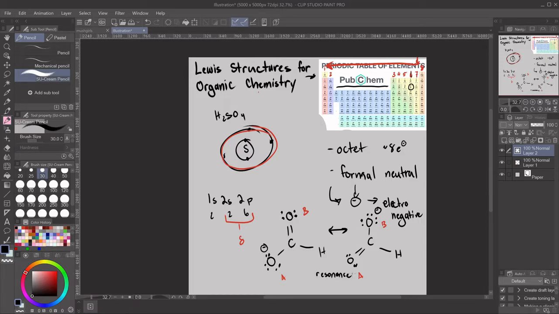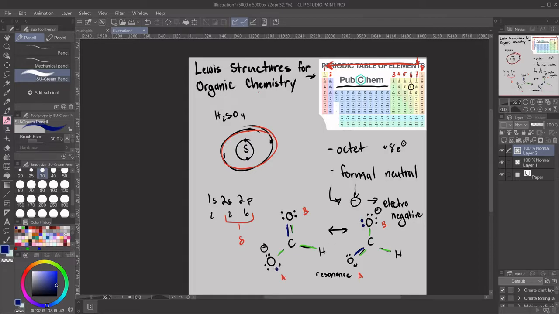Now, resonance is a topic that a lot of people have issues with, but the general idea is that every single bond here is going to stay the same. So we have the same base structure of our molecule. However, what can change are the positions of double bonds and the position of lone pairs.